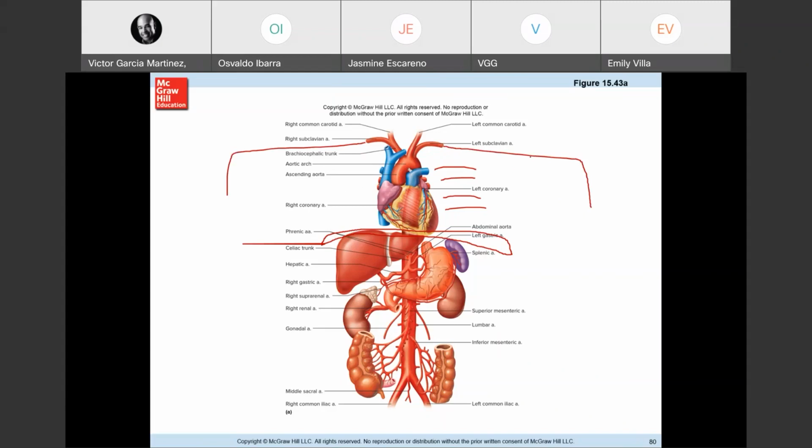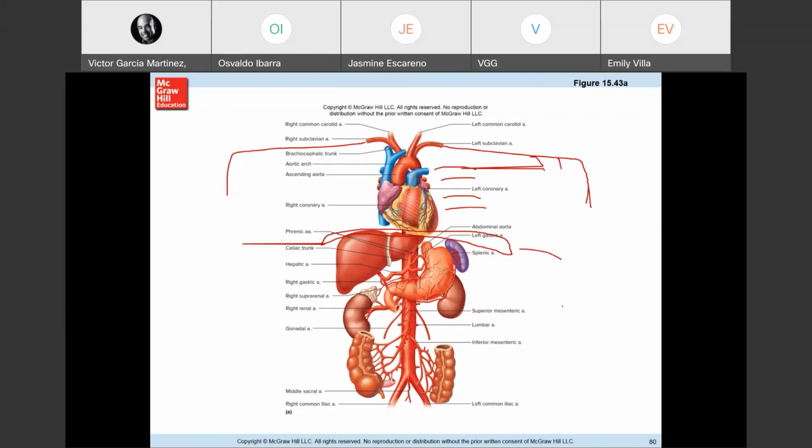Again, we're going to study for the ribs some branches of the thoracic portion, and for our upper limbs some branches of the subclavian arteries.